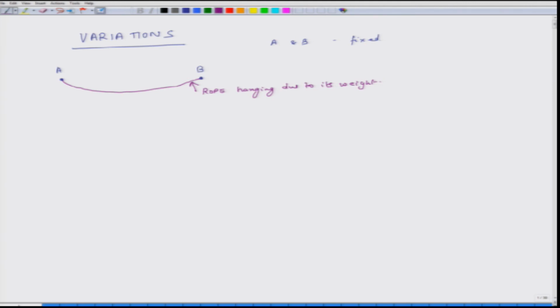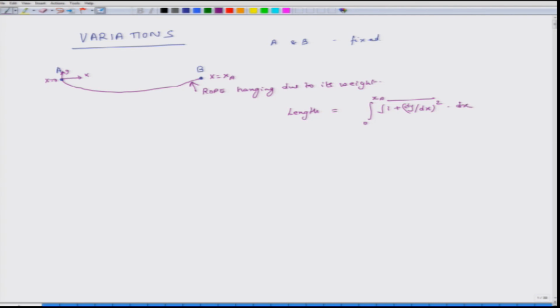So, that will be, let us call it length, and if this is my x axis and this is my y axis, then length is equal to integral. So, this is x is equal to 0, this is x is equal to x a, integral from 0 to x a of square root of 1 plus dy over dx whole square, times dx.